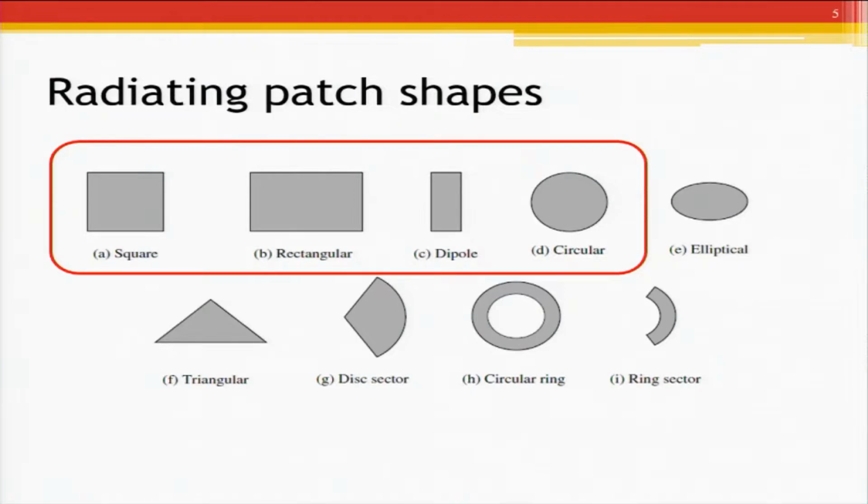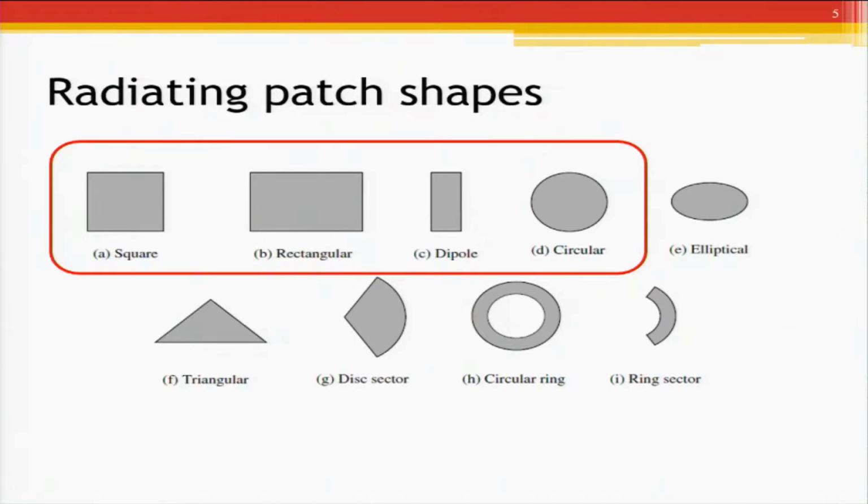Now look at the shapes of the radiating patch. You can see that there are a variety of patches. I think the first four are the ones that we use a lot, and in this lecture I will teach you how to design the rectangular patch.